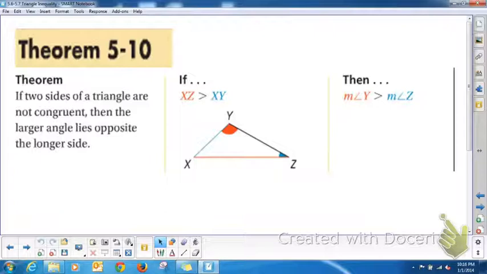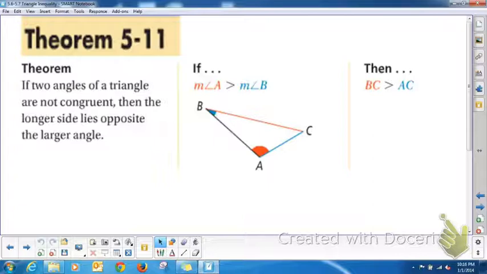So if this side, XZ, is greater than this side, XY, then the angle that's across from XZ, angle Y, is greater than this angle, angle Z. So the bigger angle is across from the bigger side, the smaller angle is across from the smaller side. That's the gist of this. The medium angle is across from the medium side. Take a minute, pause, so you can write this down.